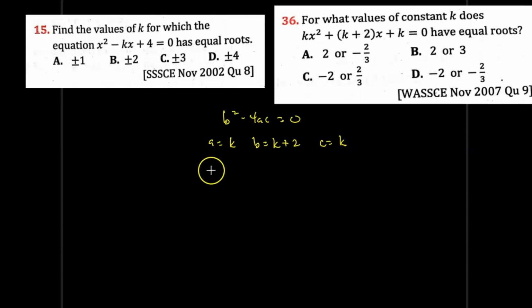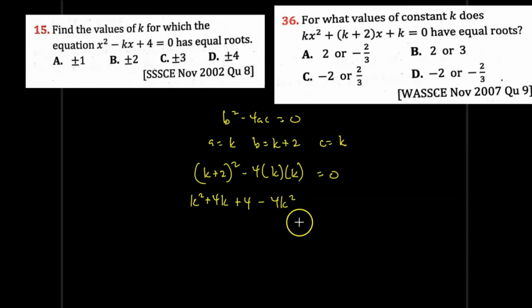Then let's substitute it. So we have k plus 2 all squared minus 4 times k and also times another k, and this must be equal to 0. So when we expand this, we have k squared plus 4k plus 4 minus 4k squared.